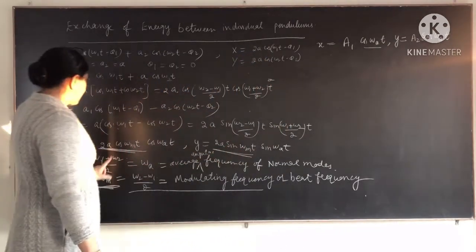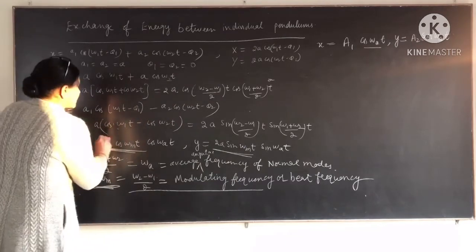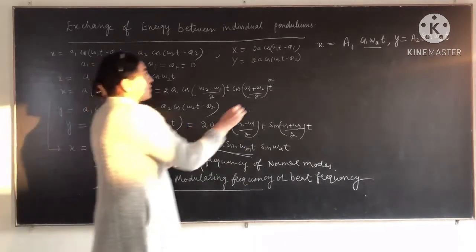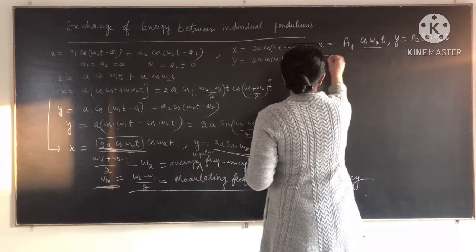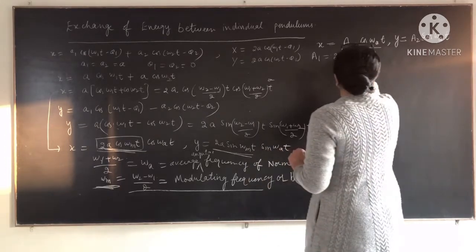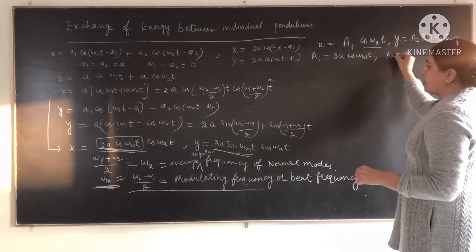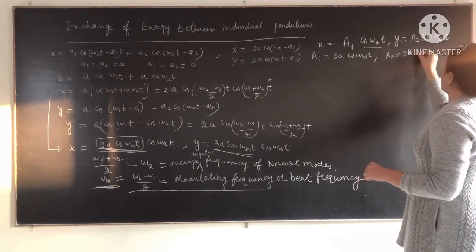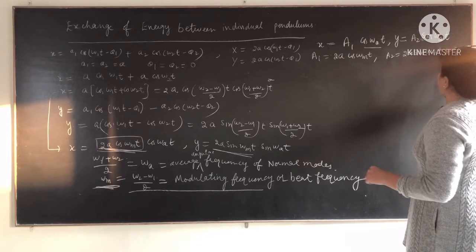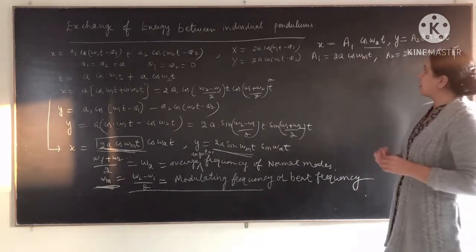A1 is equal to 2a cos of omega mt, and A2 is equal to 2a sine of omega mt. So these are the amplitudes.